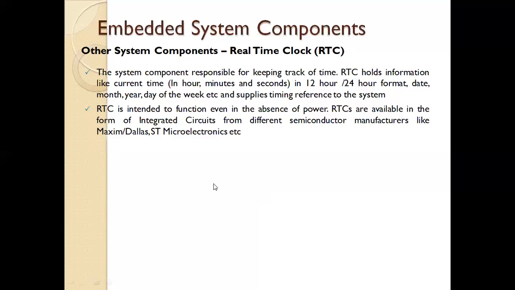This RTC chip is interfaced to the processor or controller of the embedded system. RTC is intended to function even in the absence of power because it has a battery. RTCs are available in the form of ICs from different semiconductor manufacturers like Maxim, Dallas, or ST Microelectronics, etc.